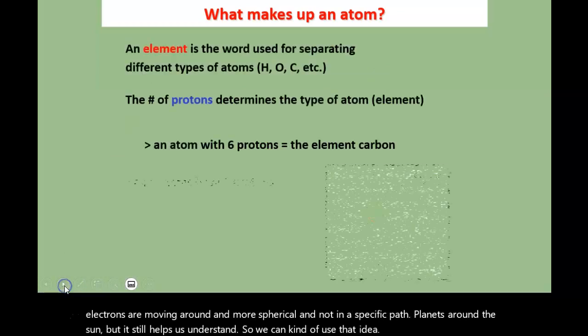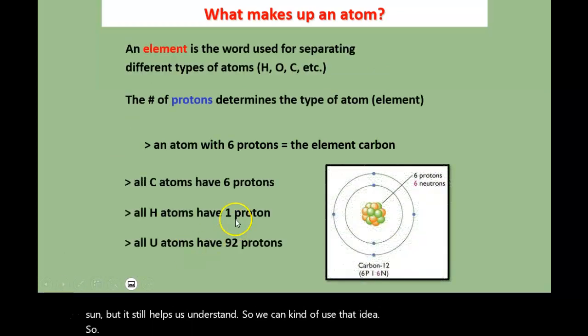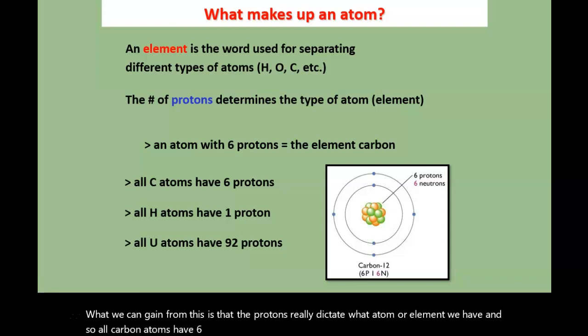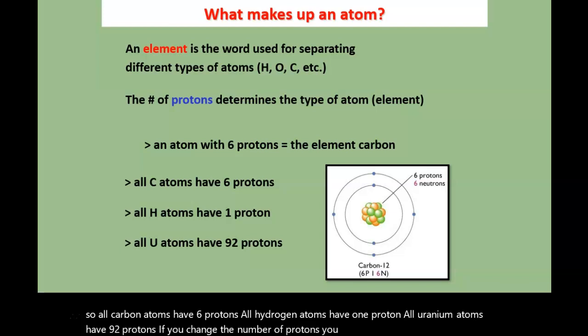So what we can gain from this is that the protons really dictate what atom or element we have. All carbon atoms have 6 protons. All hydrogen atoms have 1 proton. All uranium atoms have 92 protons. If you change the number of protons, you change what element you have.